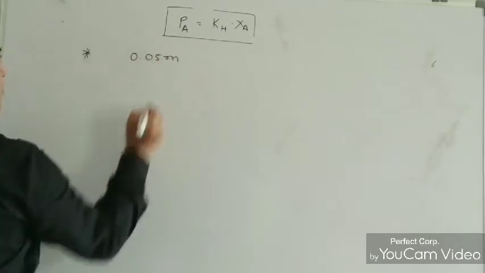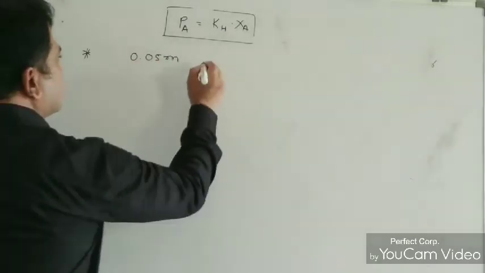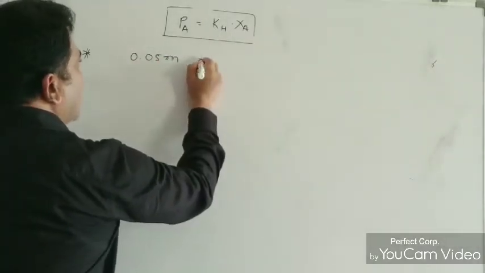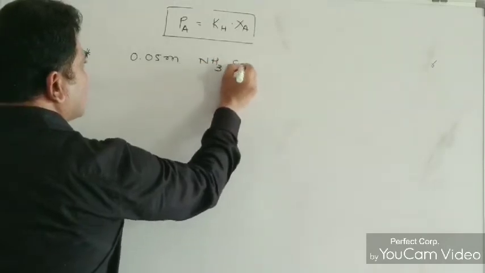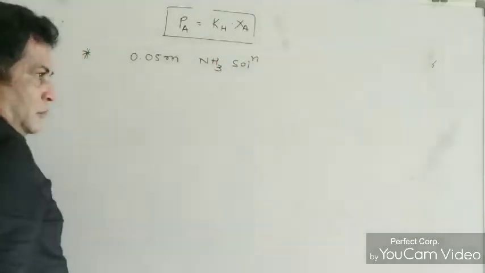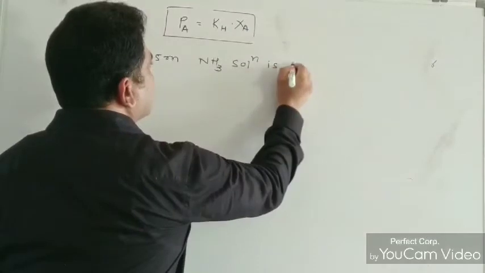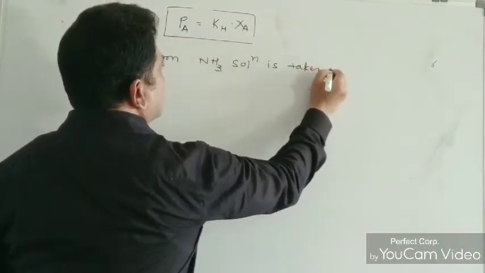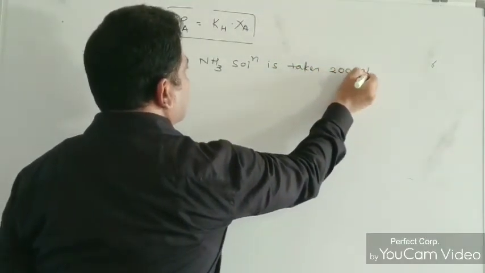This will be the twisted question. 0.05 molal ammonia solution is taken, 200 ml.